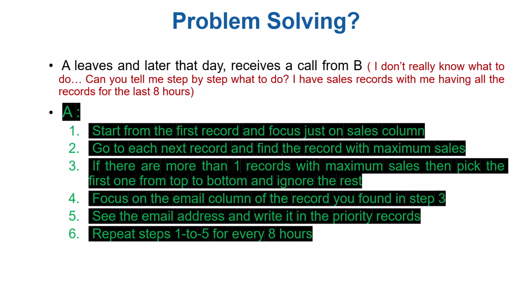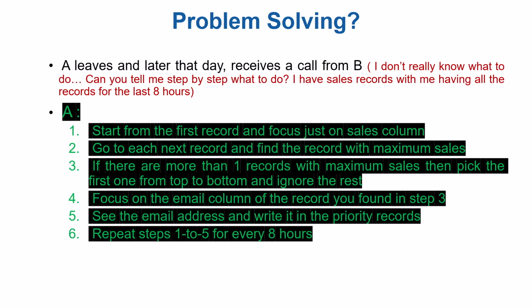Number 3, if there is more than one record with maximum sales, it is possible that the maximum sale value, let's say, is 100, whatever the units are, and there may be 2 or 3 or maybe 5 records with the maximum sales of 100. Then which one to pick? A described here in step 3 that if there is more than one record with maximum sales, then pick the first one from top to bottom and ignore the rest.